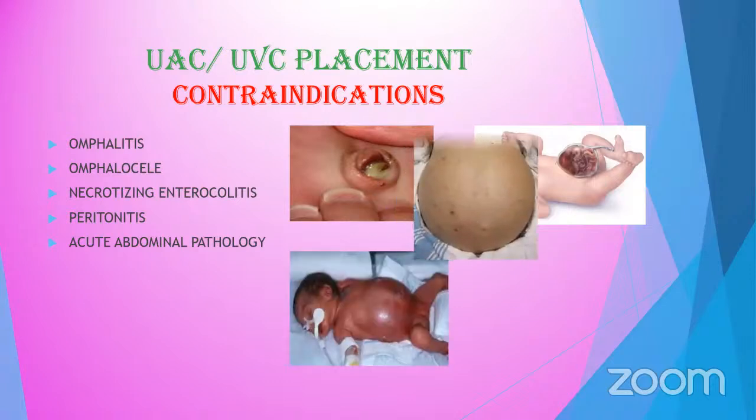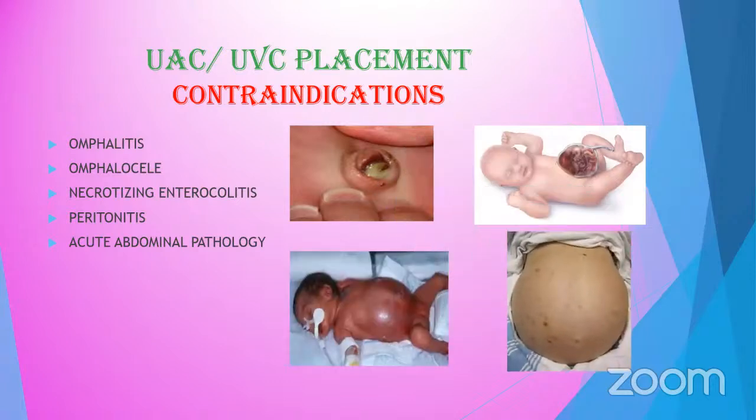As you can see, here are some sample images. This is the example of omphalitis. Then this is omphalocele. The organs are outside. Then peritonitis. Necrotizing enterocolitis and then peritonitis.